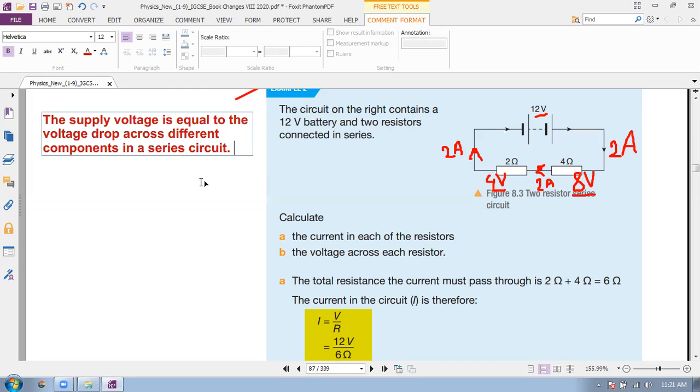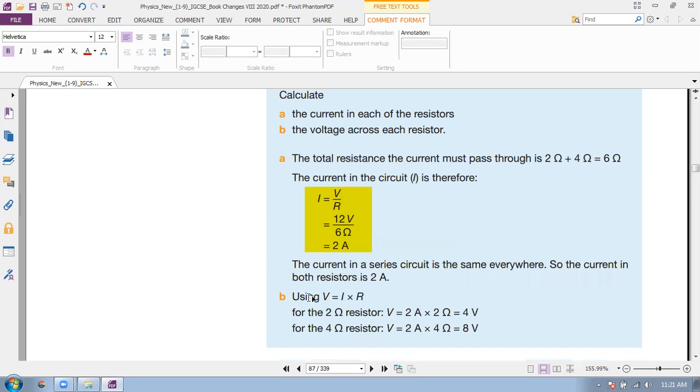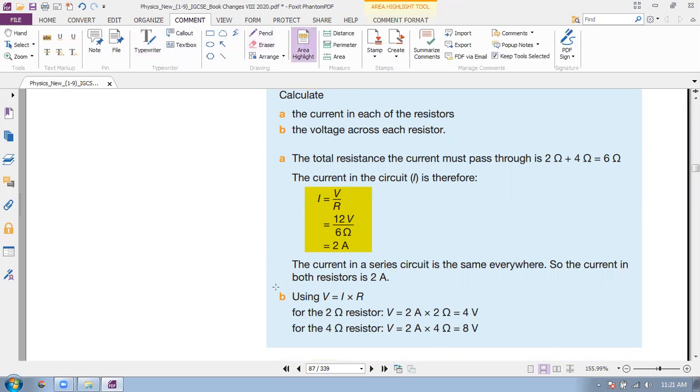Voltage drop means the voltage consumed by the 2 ohm resistor and the voltage consumed by the 4 ohm resistor, 4 volts and 8 volts. So if we add them, we get back the total voltage given by the battery.